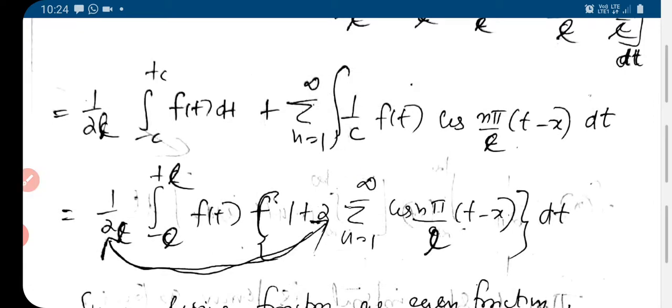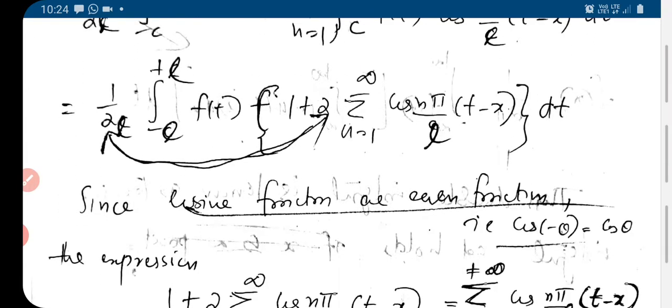So we have 1 plus 1 plus 2. This 2 and 2 will get cancelled, so we will be getting 1 by L here in this equation. Sigma n equal to 1 to infinity cos n pi by L (t minus x) dt.